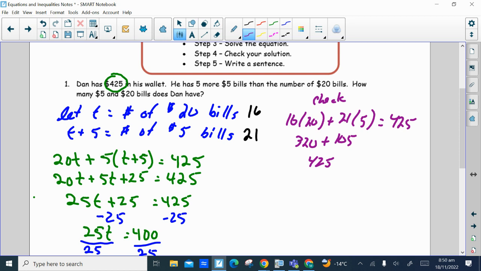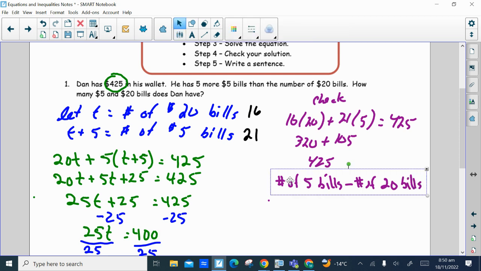The second part we want to check is to make sure that he has 5 more $5 bills than $20 bills. So this is the second part of our check. Number of $5 bills subtract number of $20 bills has to equal 5.